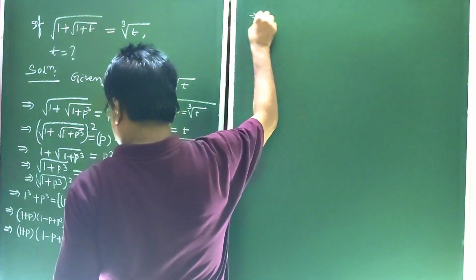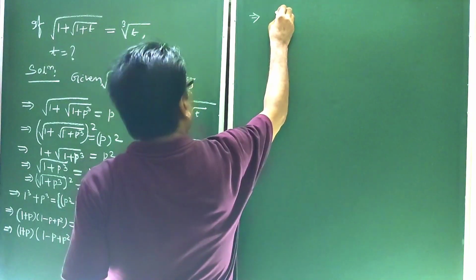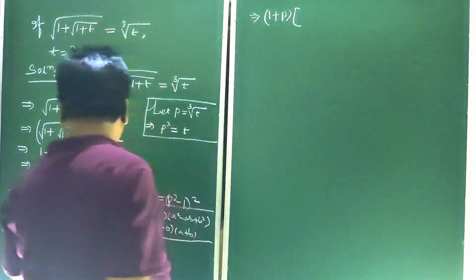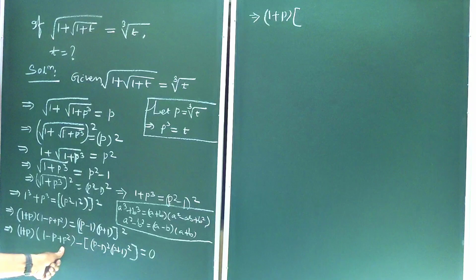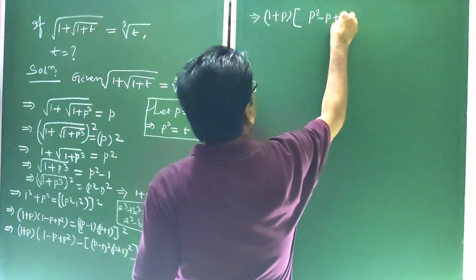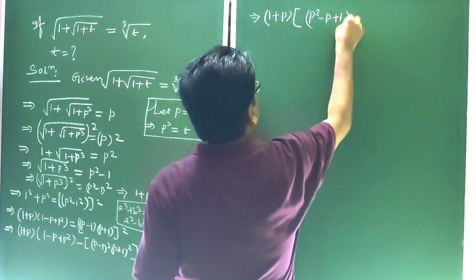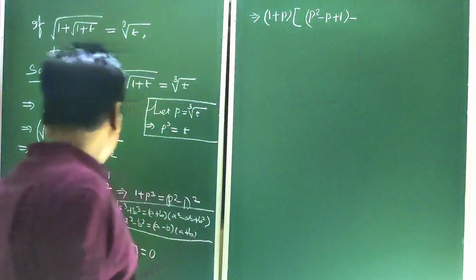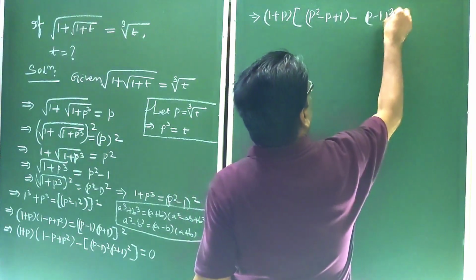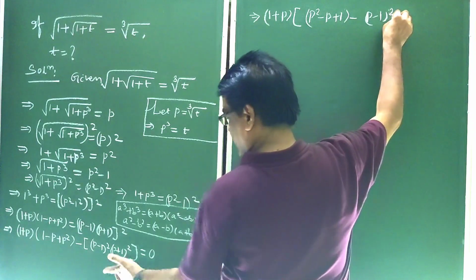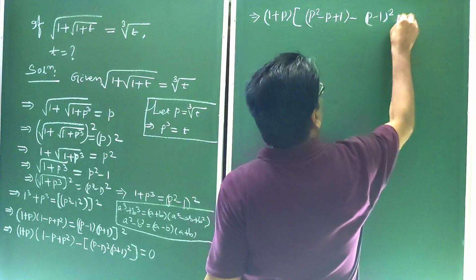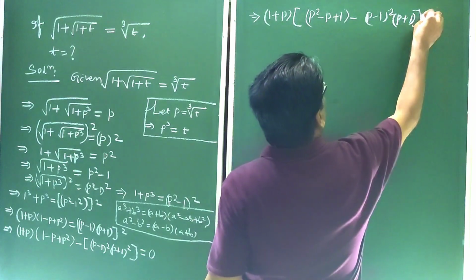This implies 1 + p we can take common. This will be (1 − p + p²). We can write p² − p + 1 minus (p − 1)² into (p + 1) is equal to 0.